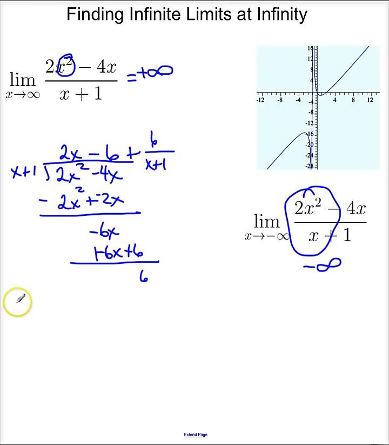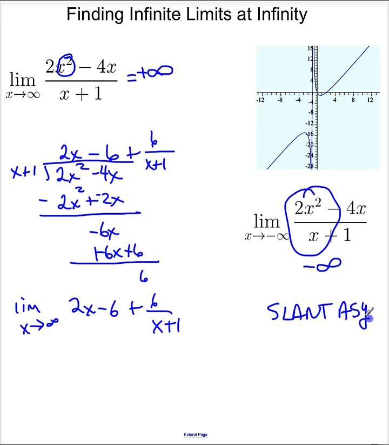So now let me take the limit of this. The limit as x approaches infinity of 2x minus 6 plus 6 over x plus 1. We can see the fractional part goes to 0 very quickly. So it turns out we have a slant asymptote of y equals, now all we're going to do is take this part right here, not the fractional part, 2x minus 6.